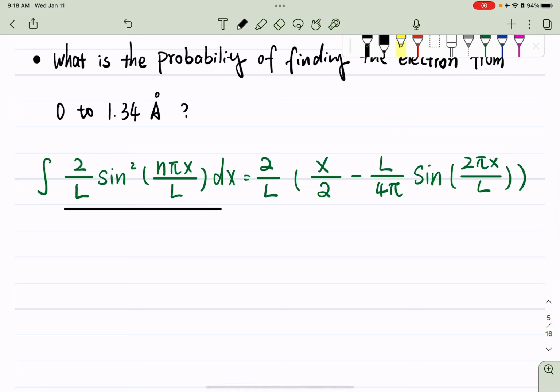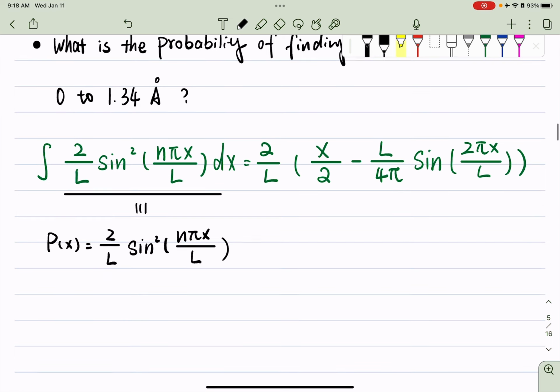So in this equation, p(x) equals 2 over L sine squared of n pi x over L. That is the p(x). We're integrating my probability function over a certain area, so we're finding the probability. And that is what the question is asking for.